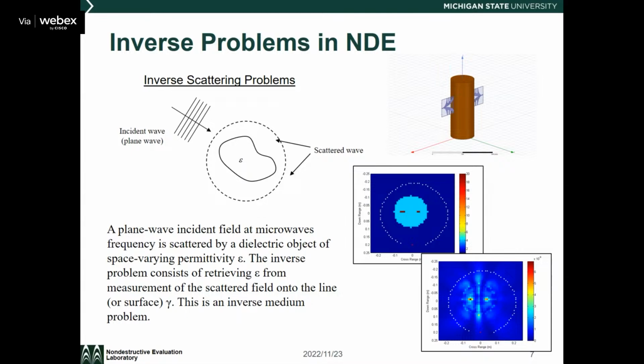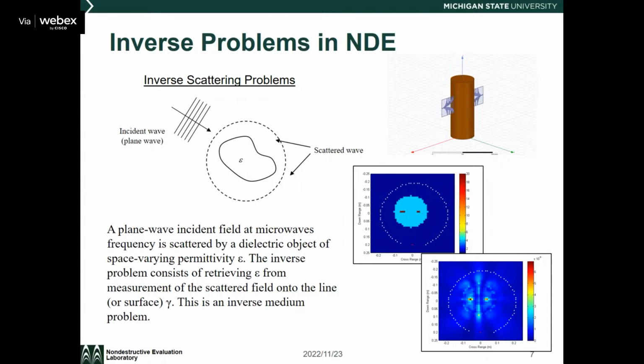But let's start with a space-varying dielectric permittivity object, epsilon. Then the inverse problem becomes: can I retrieve this epsilon distribution, or this object function, from the measurement of a scattered field?